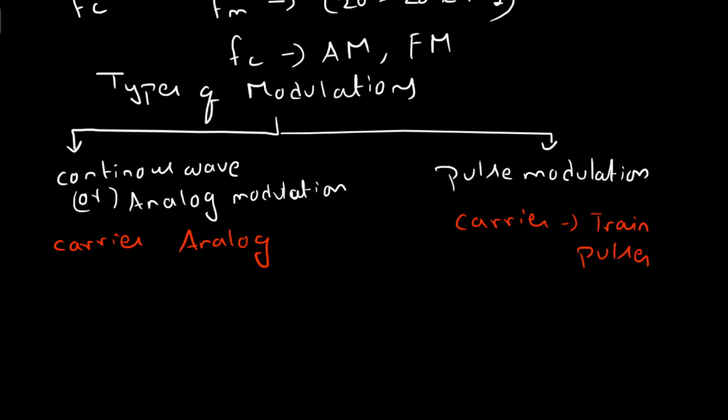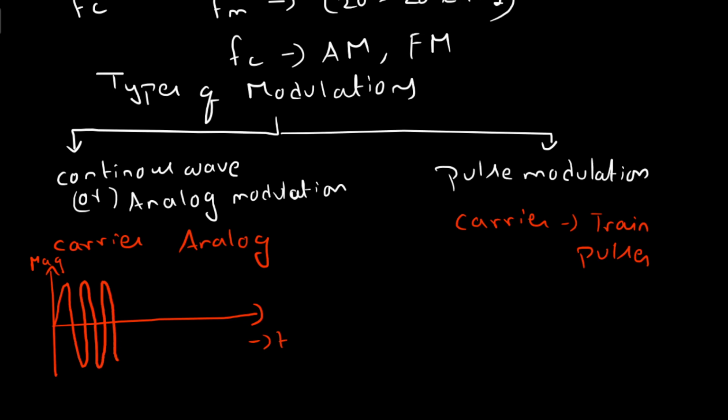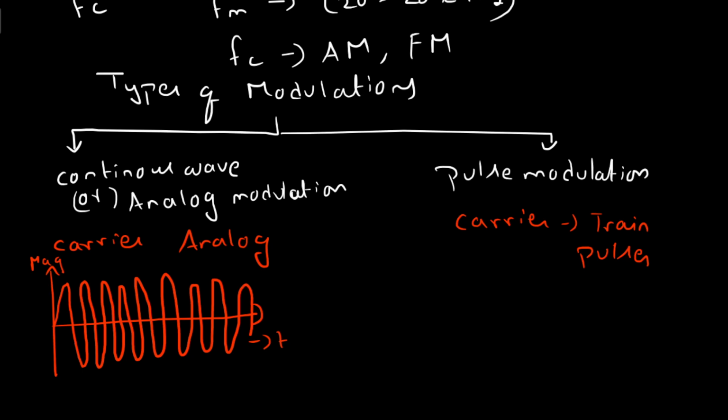Okay, so let us see how it looks. Let us assume a carrier signal, where the x-axis is time and the y-axis is magnitude. If the frequency is more, the waves are very close to each other. So this is the carrier wave.